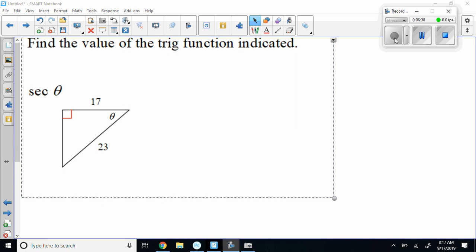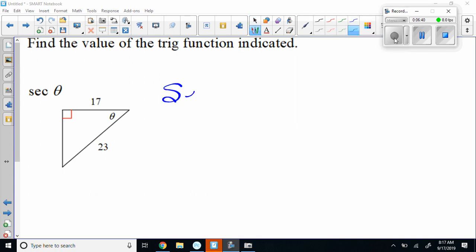What is the relationship for secant? It's the inverse of who? Cosine. So it would be hypotenuse over adjacent, not opposite.